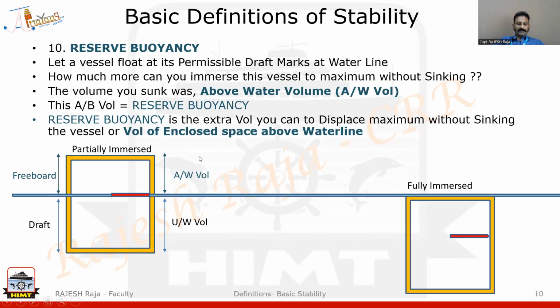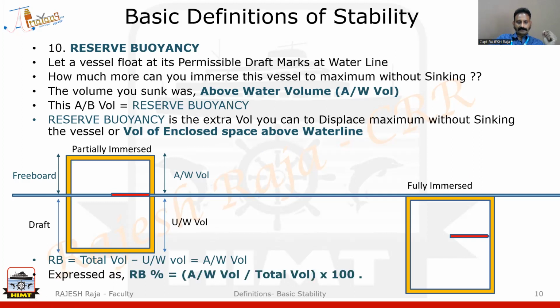It is given in a particular format. Let me just show you. Reserve buoyancy is equal to total volume of the ship, complete volume, minus the underwater volume. And that is what is your above water volume. Okay. In other words, I can put it as a percentage also. So normally you will see that many of the questions will ask you an answer in a percentage.